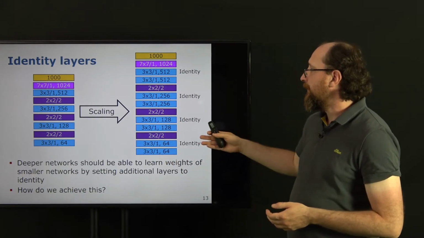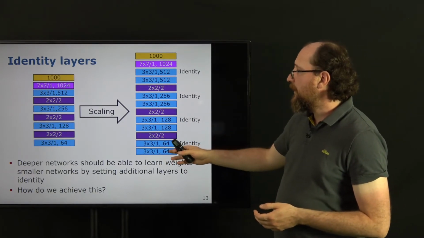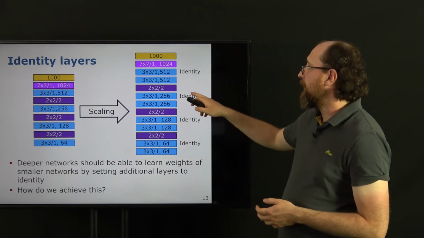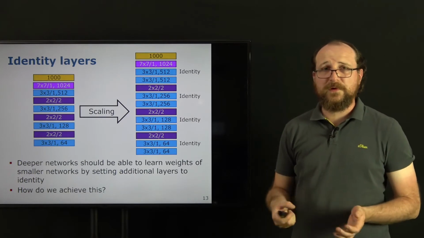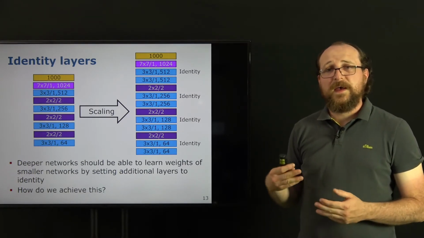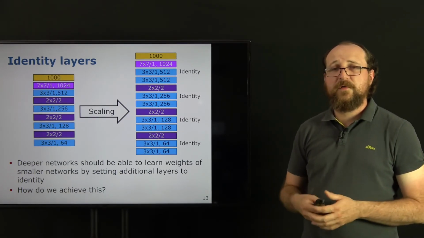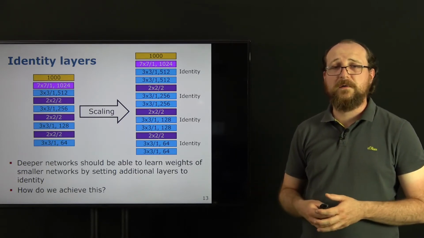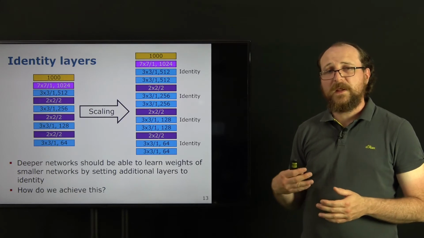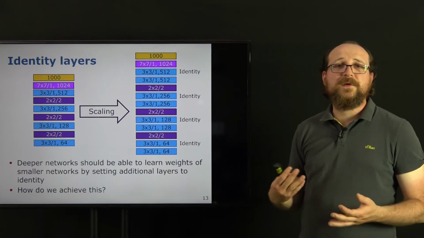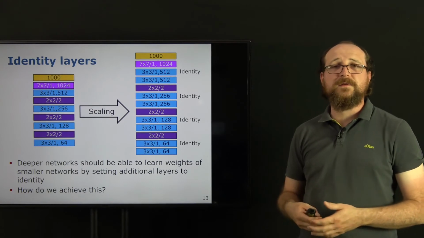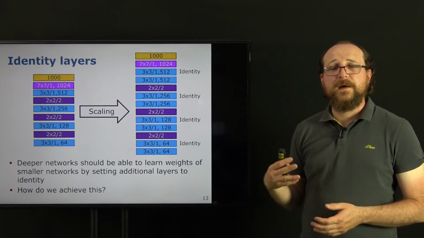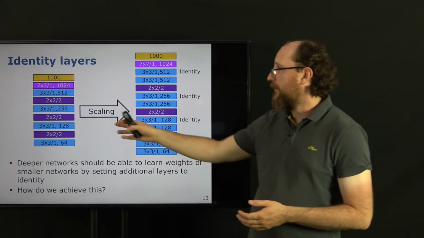When we increase the number of convolutions, these extra convolutions maybe just have to do something like an identity in between. This would enable a similar performance as the smaller network, embedded in a larger network. The additional layers basically just have to be identities to represent the same thing we can do with the smaller network.